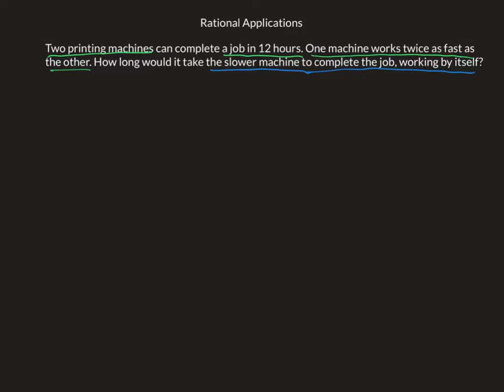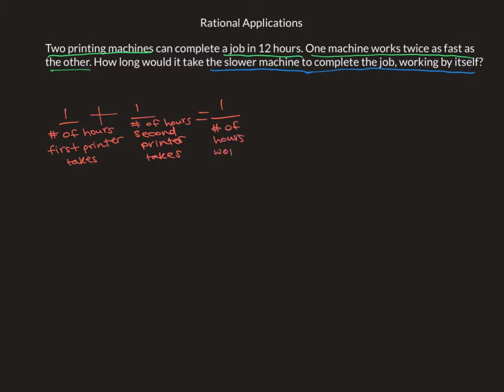You write it out like this: 1 over the number of hours the first printer takes, plus 1 over the number of hours the second printer takes, is equal to 1 over the number of hours working together.